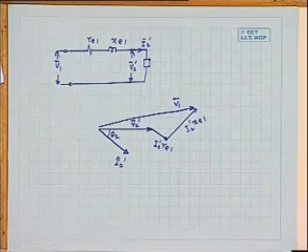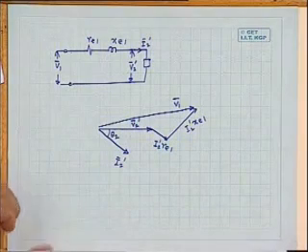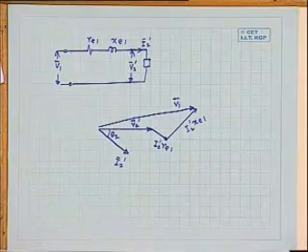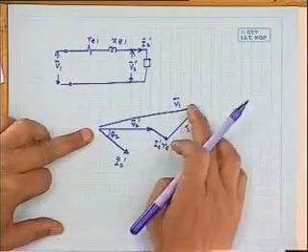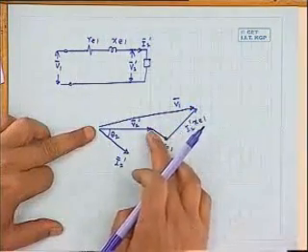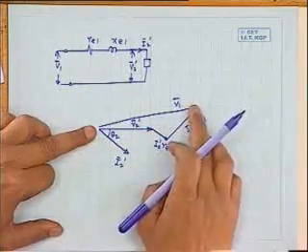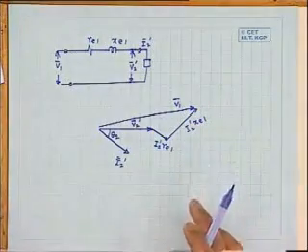Now remember, while defining regulation, it is only the magnitude of the voltage which is considered. It is the voltmeter readings only that you consider. Phase angle you need not bother about. So the regulation of the transformer will be this length minus this length divided by this length.